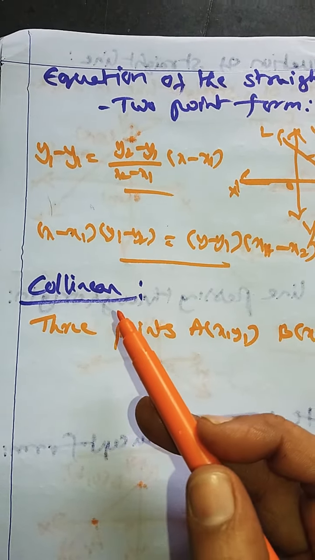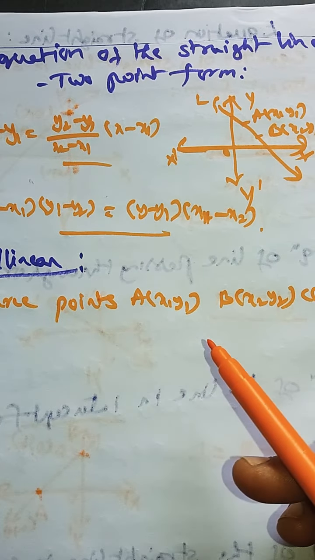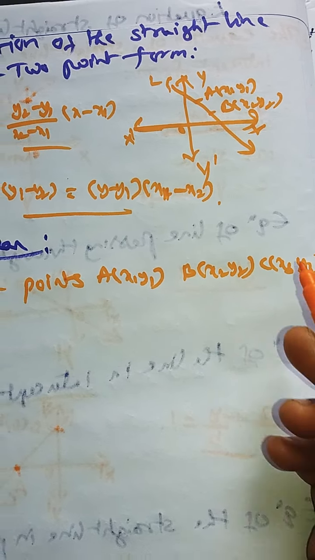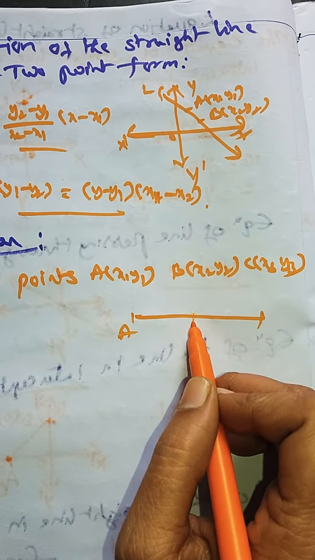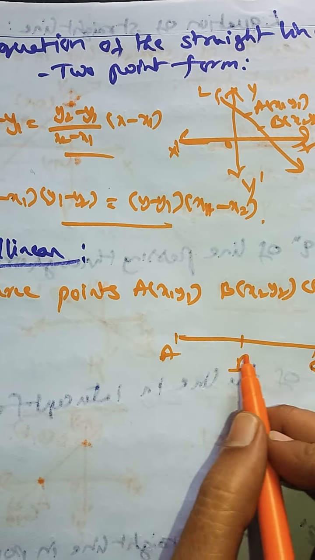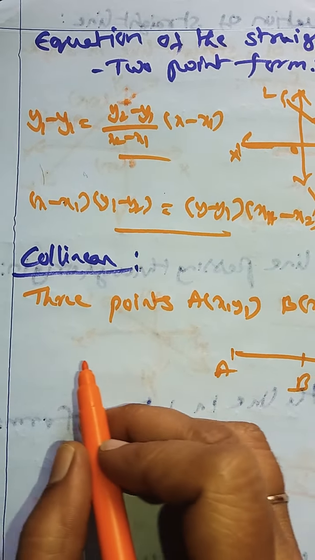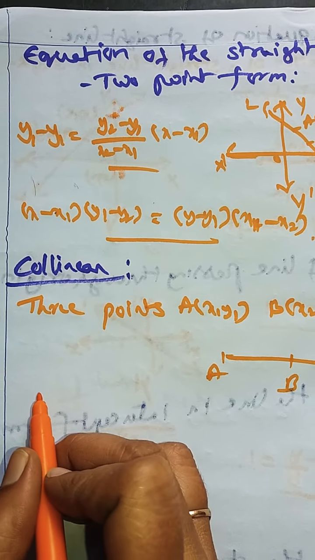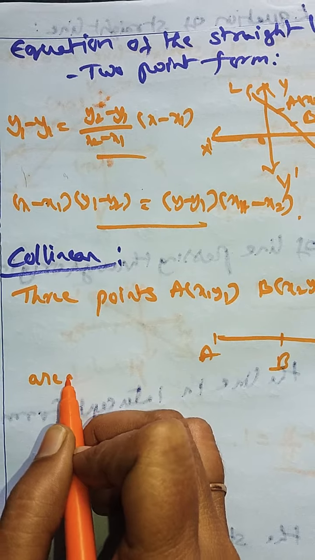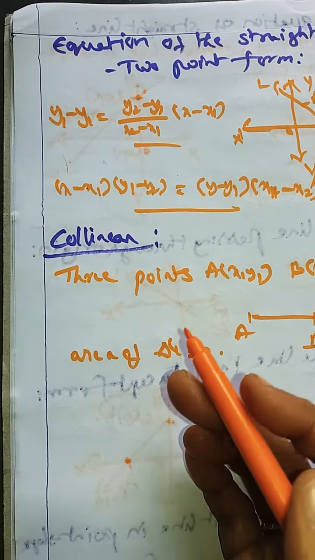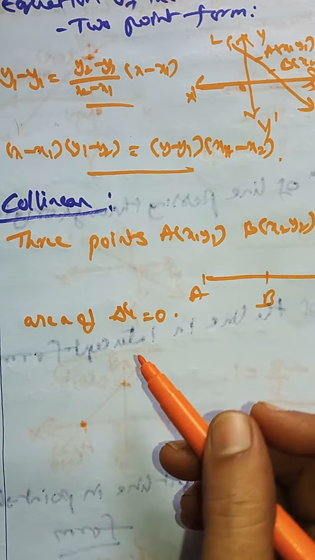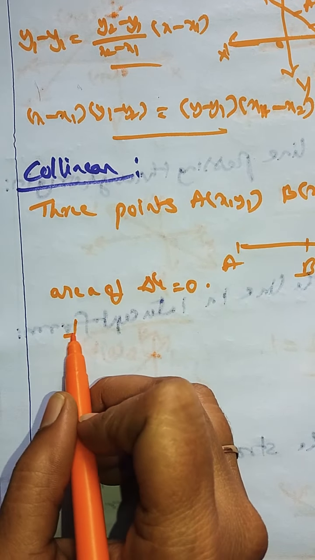Now we'll go to collinearity. Take three points in a plane: A (x1, y1), B (x2, y2), C (x3, y3). These three points are said to be collinear if the area of the triangle is 0. What is the area of the triangle?